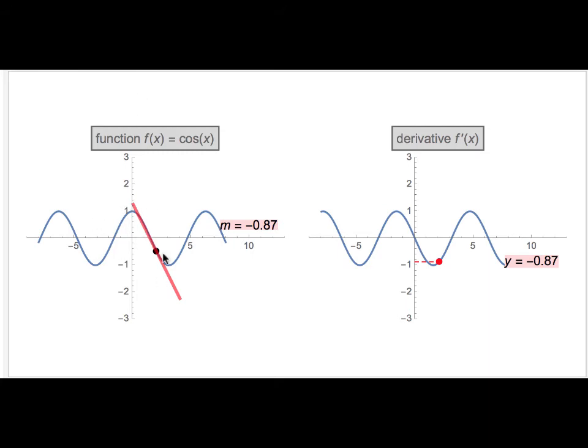So let's look at what happens if my function value is cosine of x. So here's my cosine of x. I'm going to trace some points on this, and I look at my graph. Now, my derivative graph doesn't look like the sine of x. Instead, I'm going down when I should be going up and up when I should be going down.